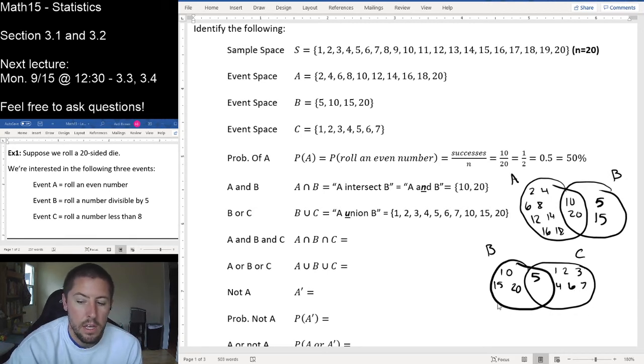So here you should notice that the union is the whole thing. Union is everything that's represented in here. The intersection is what would overlap between the two Venn diagrams right here. It's just the shared part of the Venn diagram.